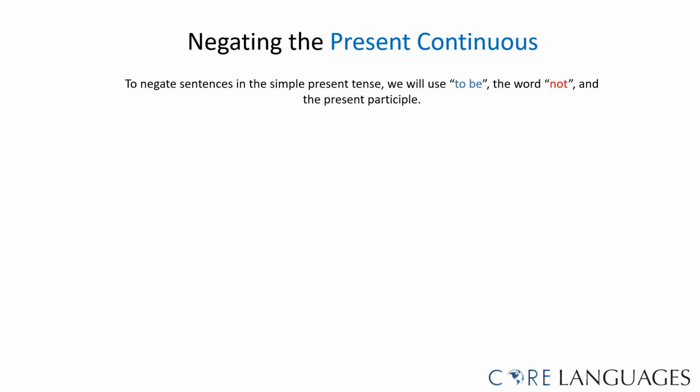To negate sentences in the present continuous, we will use the verb to be conjugated based on the subject. We will use the word not and the present participle in the following order: subject, am, are, or is not, and then the present participle.